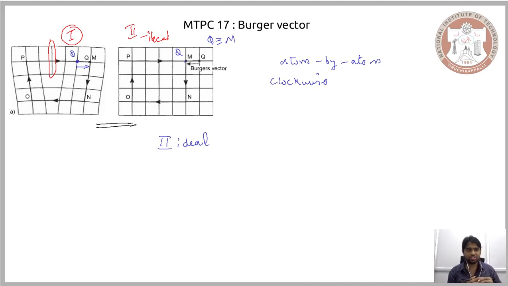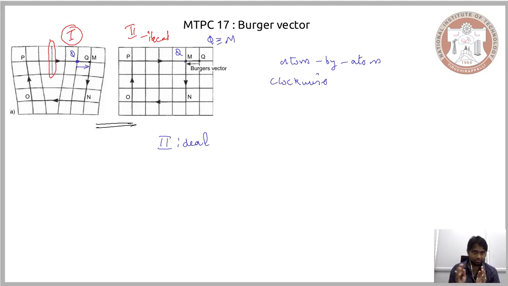So what we have essentially done is we have taken the opposite approach of using the Burgers vector to calculate the amount of distortion in a system with an edge dislocation. So instead of beginning with a dislocated system, we began with an ideal system.